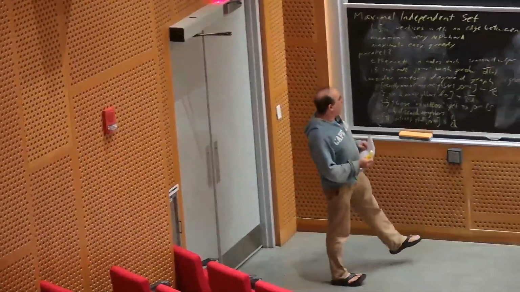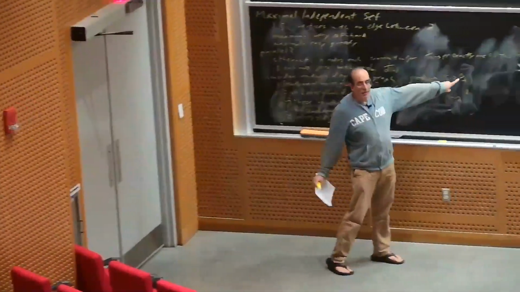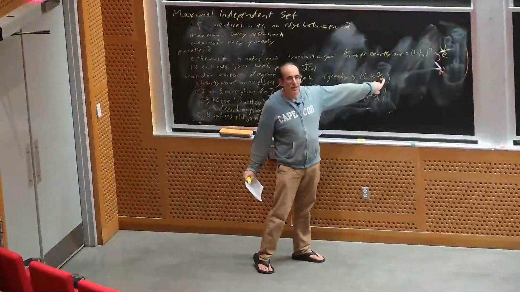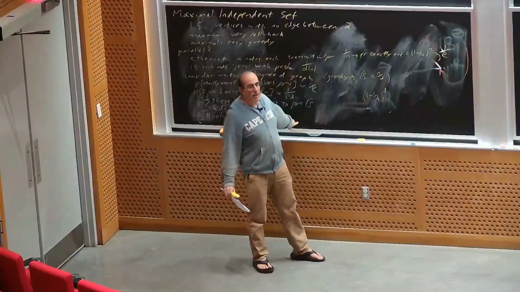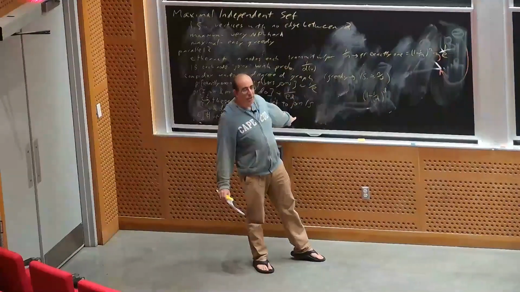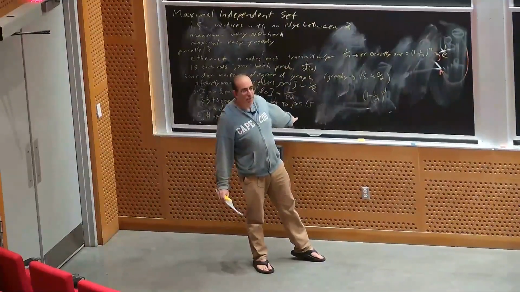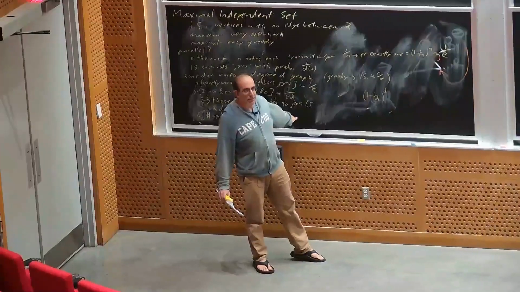So we already get an independent set of kind of the right size, but it's still only a small subset of the graph. So it's not a good measure of progress towards the independent set.